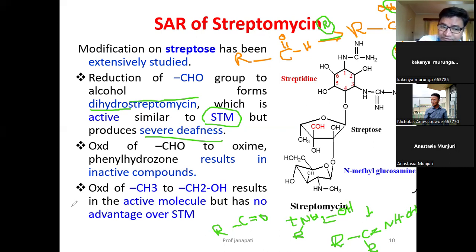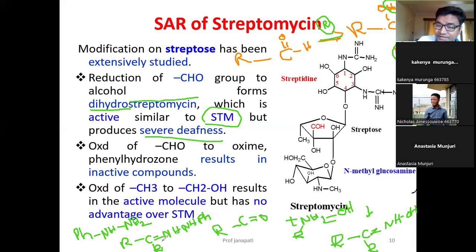And when you treat with phenylhydrazine, that is, Ph-NH-NH2, in the same way you get a hydrazone, C=N-NH-phenyl, with the loss of a water molecule.